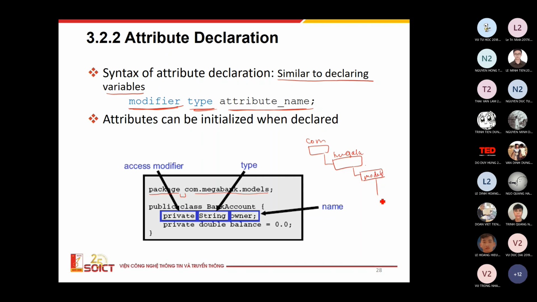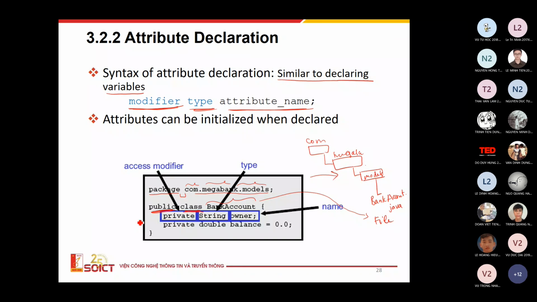And inside this folder, you have the BankAccount.java file. From this package name, you know about the structure of this folder. This is one class, public class BankAccount. So you know that this will be in the file BankAccount.java.